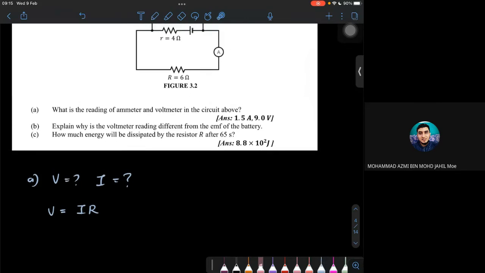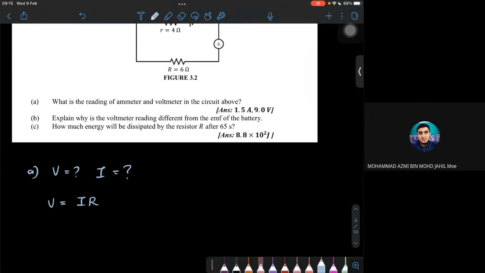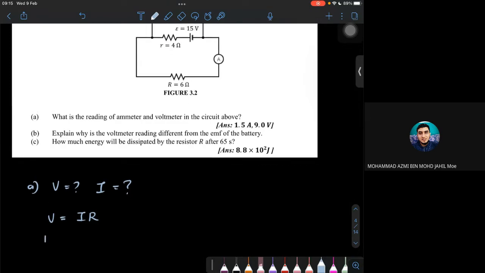But because we want to find V and I, how do we use Ohm's law to find these values? Meaning, in order to use this formula, we must have either V or I. V is already given, V is equal to 15. Okay, I is what we want. So what is the value for I here?